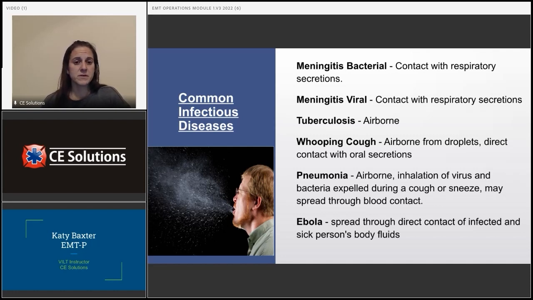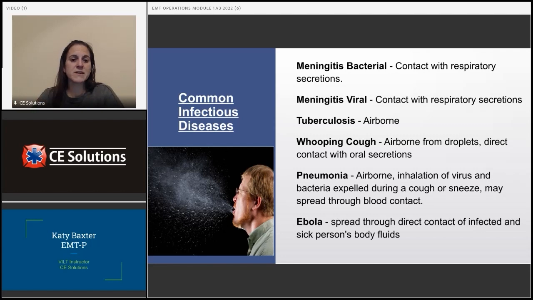Whooping cough, airborne from droplets, direct contact with oral secretions. Tuberculosis is airborne. You can also be a TB carrier. Someone in the family has it, they were treated for it, you test positive for it, but you don't have signs and symptoms. You can be a TB carrier as well.